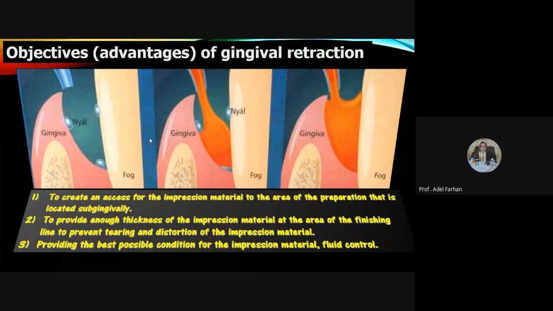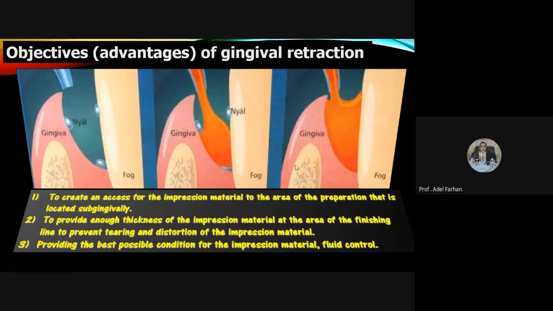Most impression materials, when their section is thin, tear easily. Therefore we increase the thickness of the material by expanding our gingival sulcus. Also, it provides the best possible condition for the impression material.